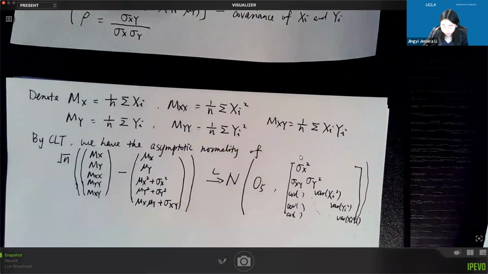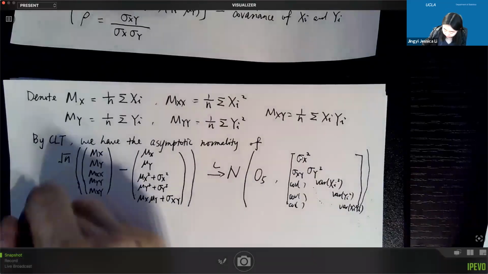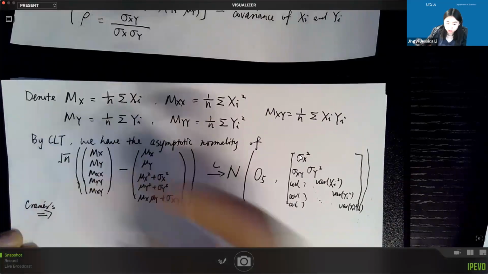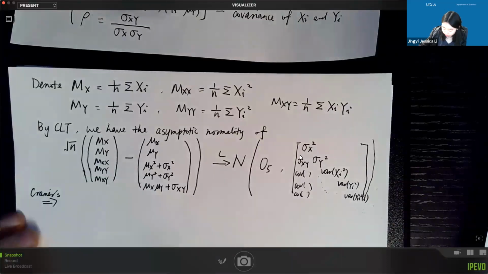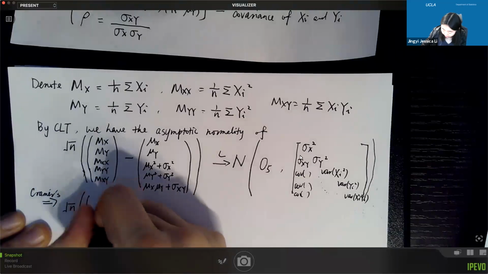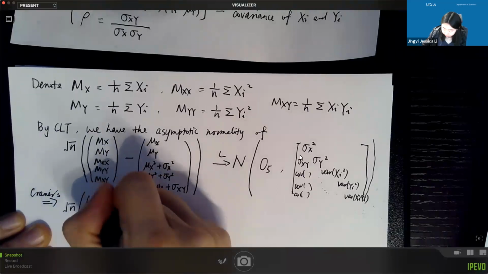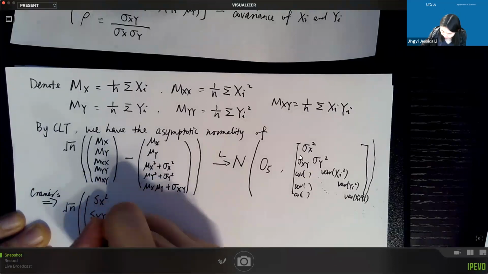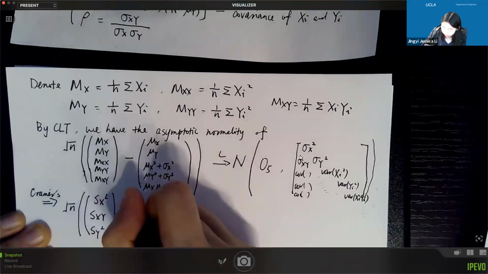But now we can actually combine these by Cramér's theorem. By applying Cramér's theorem, we would be able to derive the asymptotic distribution of Sx squared, Sxy, Sy squared minus their mean.